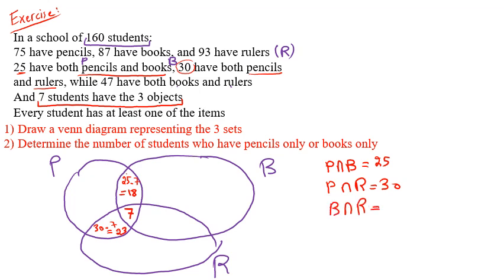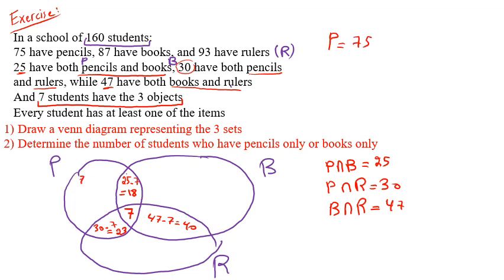Books and rulers, here we have 47. So 47 minus 7, and the answer will be 40. Now we will get back to each set alone. Each set. P is 75. All of P is 75.